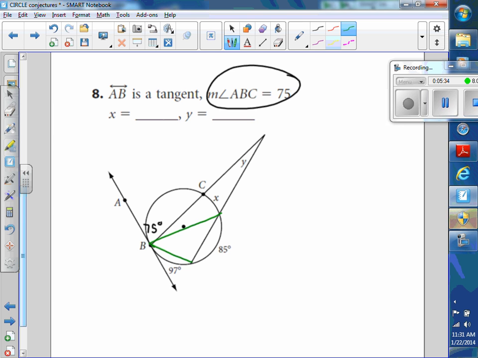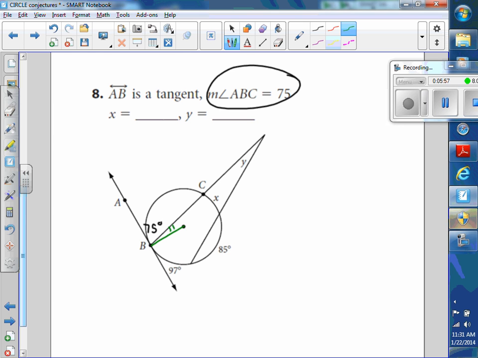Go ahead. If you draw a radius to B, then that's 90. So from the radius to B to C is 15 degrees. Listen to what she has to say, please. And you can draw an isosceles triangle. If I draw a radius, this is 90, which makes this little bit 15.